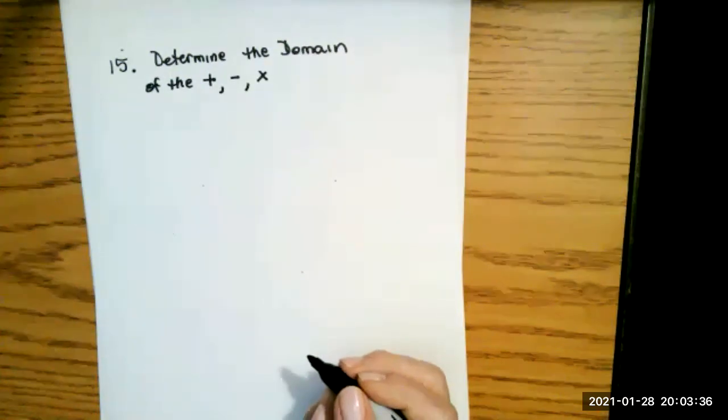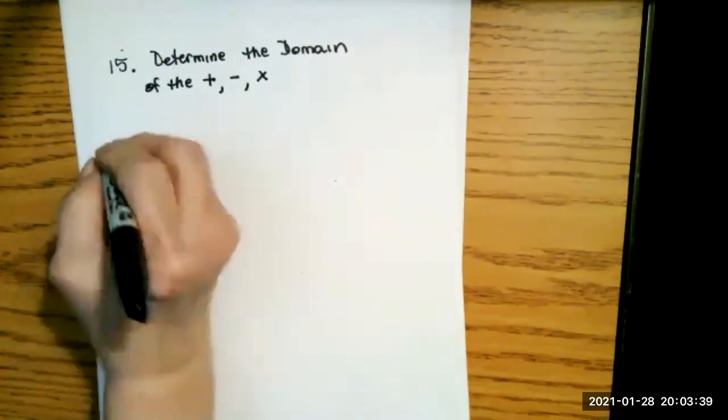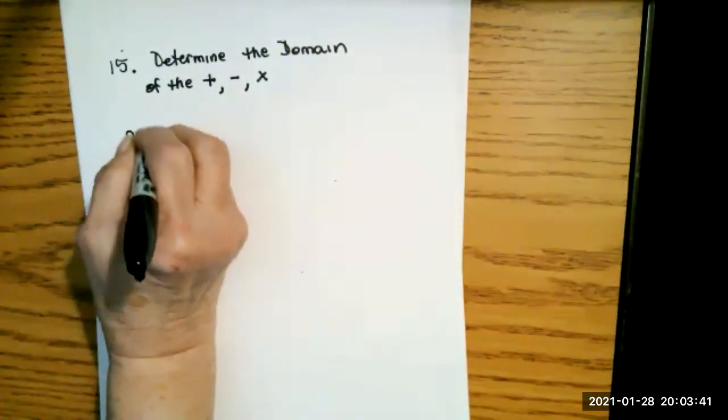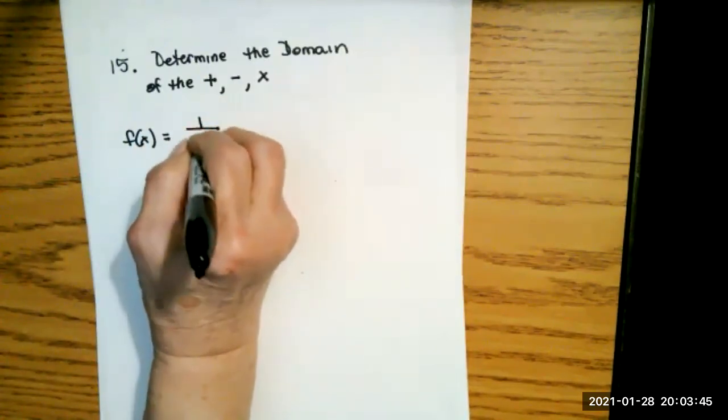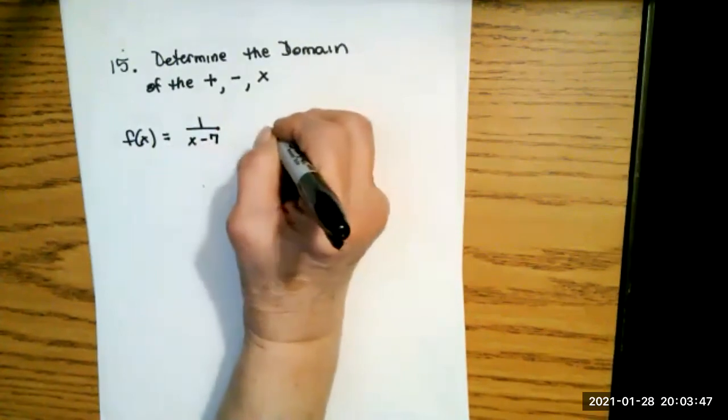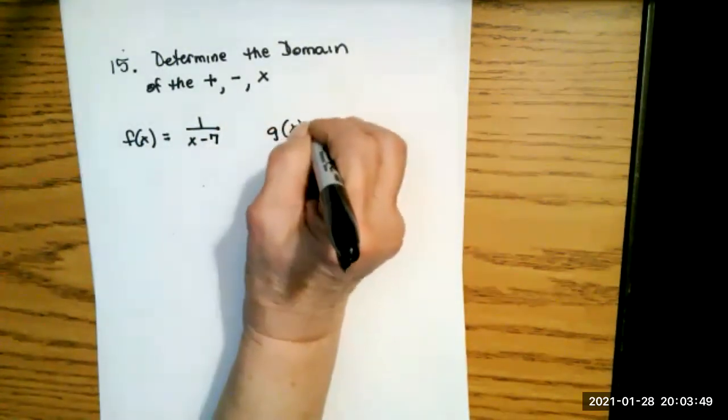Doesn't say divided by, it just says sum, difference, and product. But in our problem, we have a rational function as one of our functions. So that's kind of a cool little thing there.